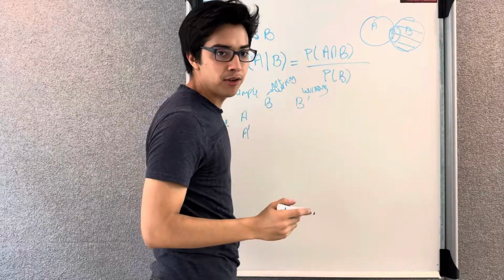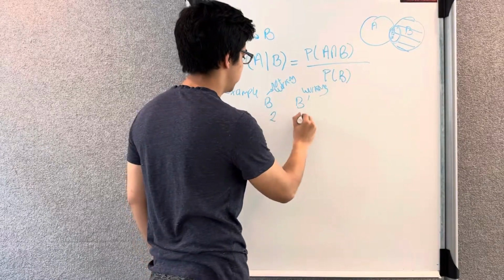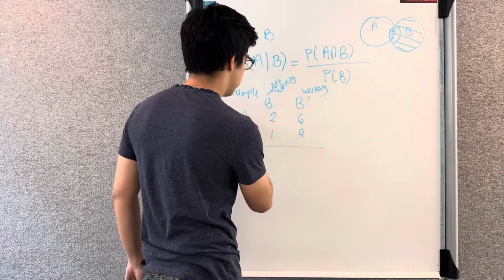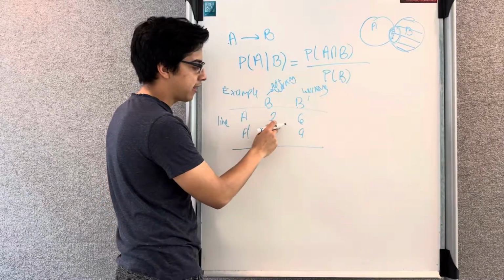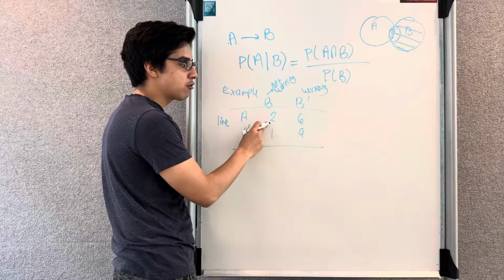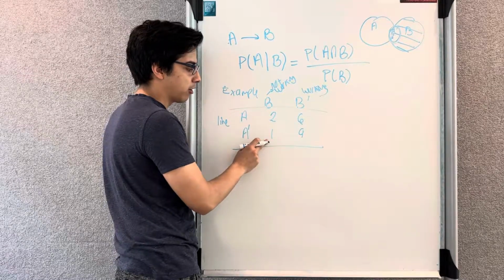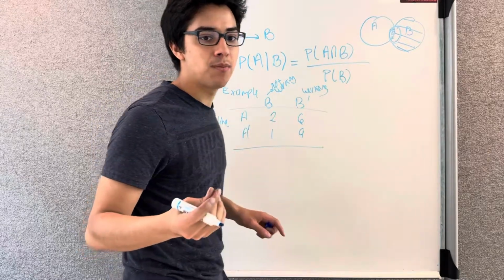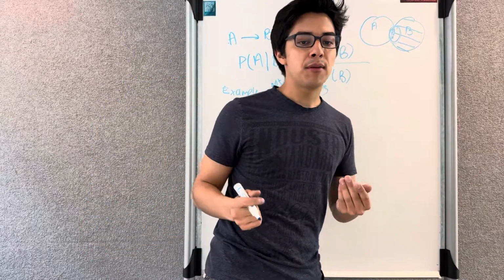So we have the results 2, 6, 1, and 9. This is the equipment they made that is not working, and this is the one working, for each one of the two lines that we are talking about in this part.